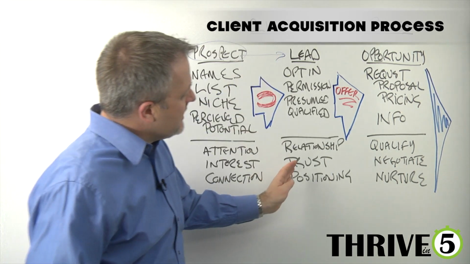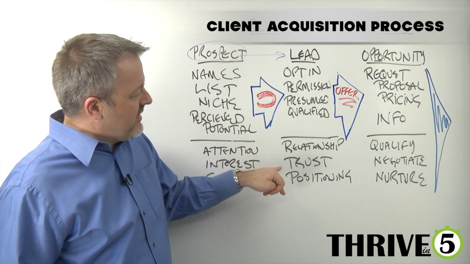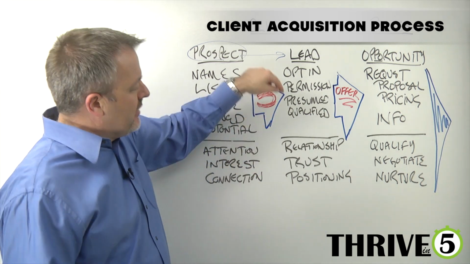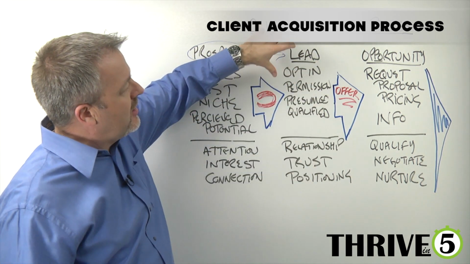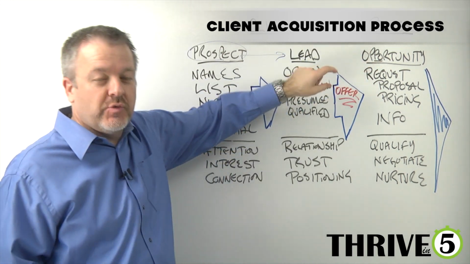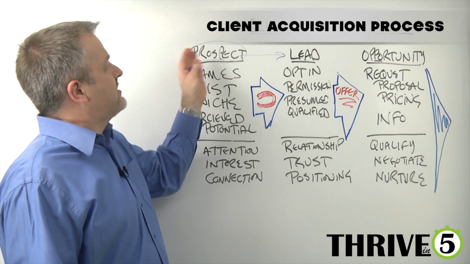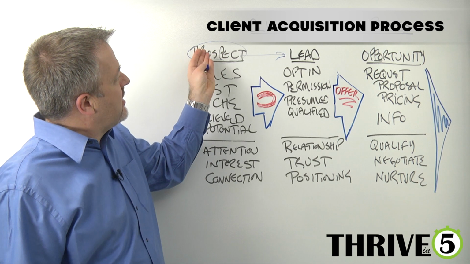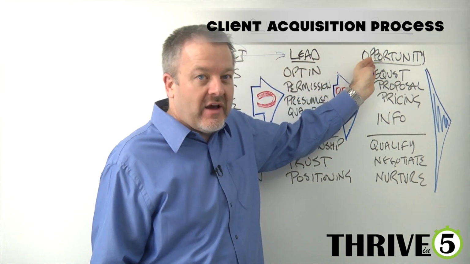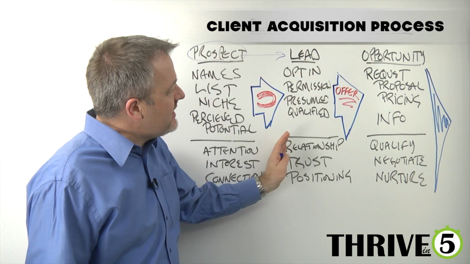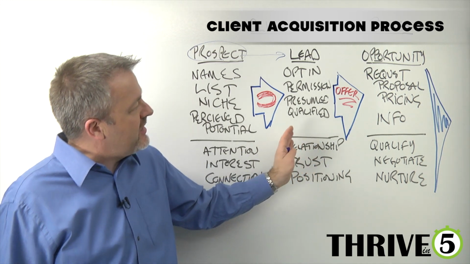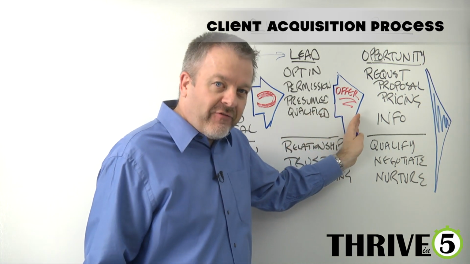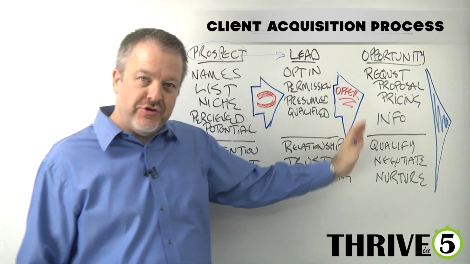Now, when you have a lead, the goal is to build this relationship, to establish trust. In this whole role, you're wanting to move them to the next stage, which is the opportunity stage. So in your Salesforce, or in your CRM system, you have a prospect, you have a lead, and you have an opportunity. Your job with a lead is, as you build these relationships, to create offers that move them over to the opportunity side.